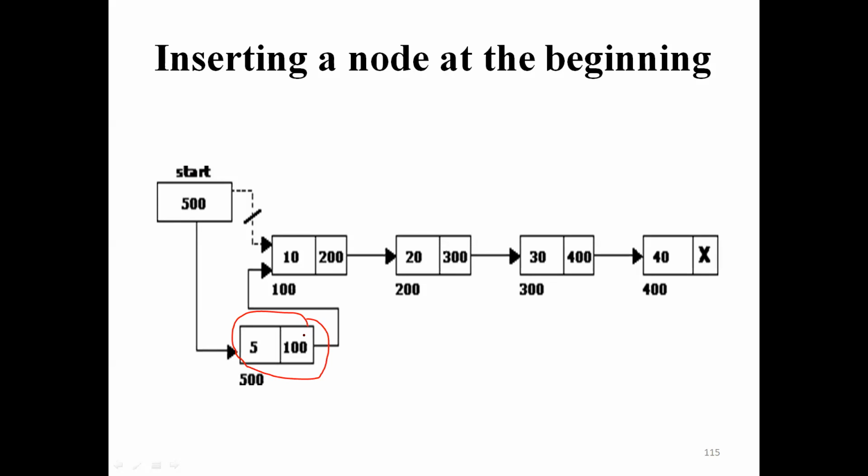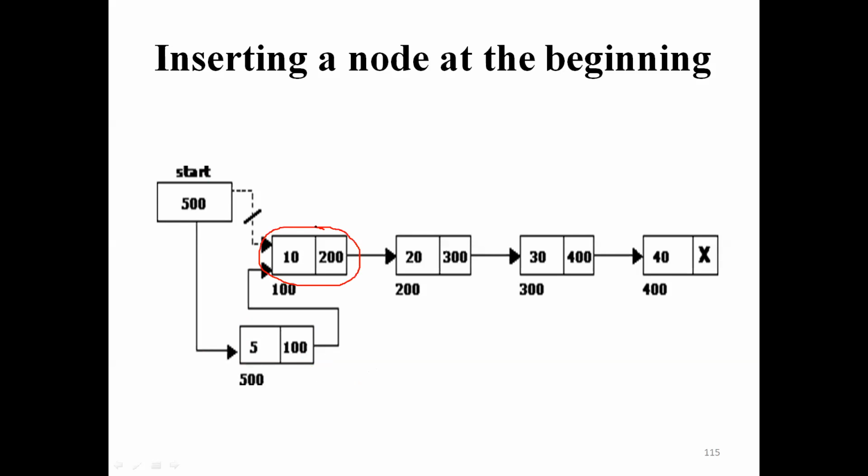While creating a new node, you are assigning the value to the data part, and the link part will be null when you are creating a new node at the very first. This diagram shows the list after inserting a node.